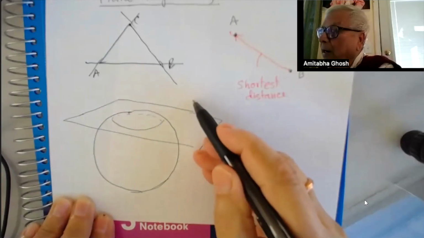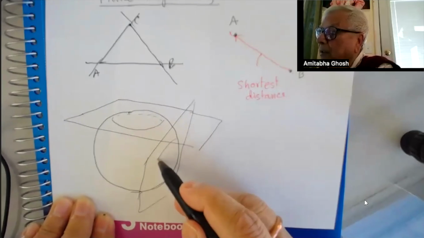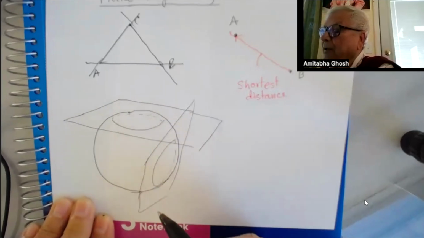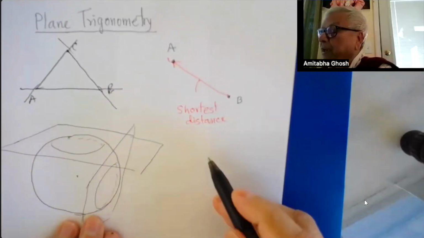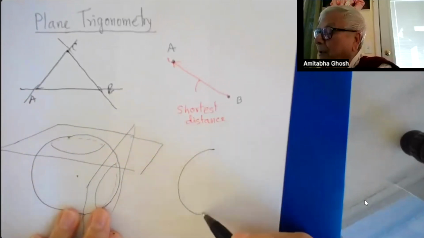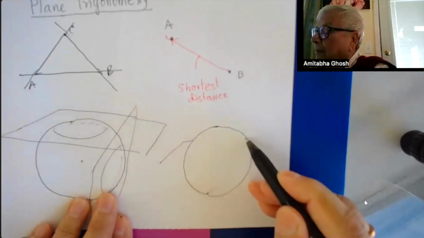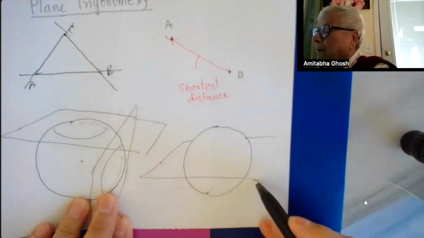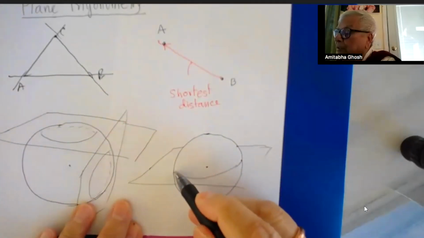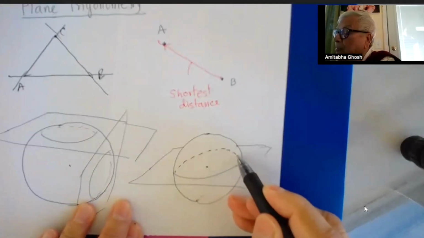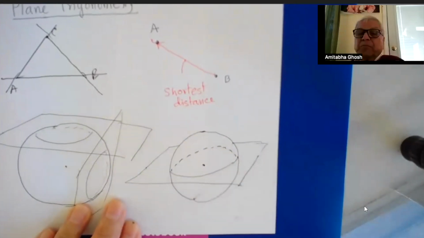You draw another plane, it will cut this. But if this plane passes through the center of the sphere, then this is the circle which will be produced by the intersection of this plane and the sphere.